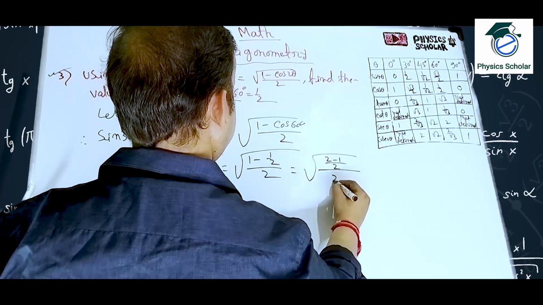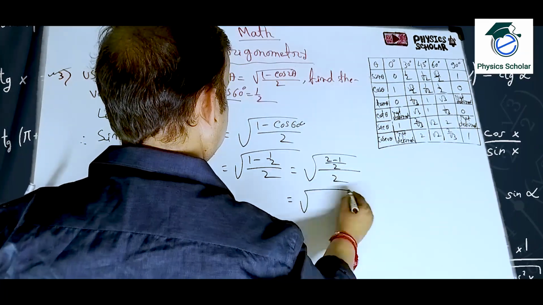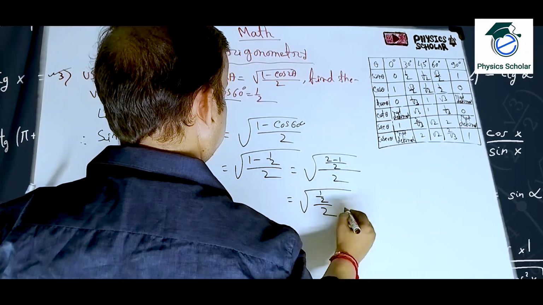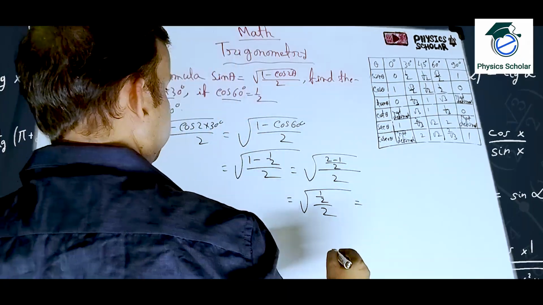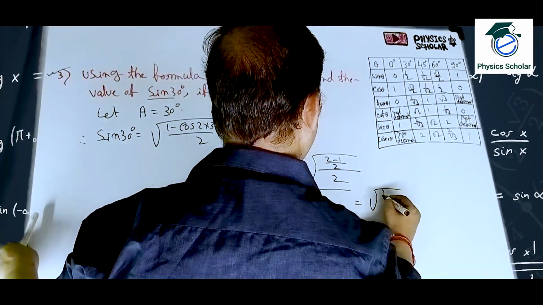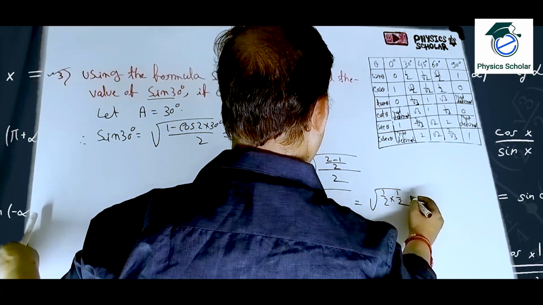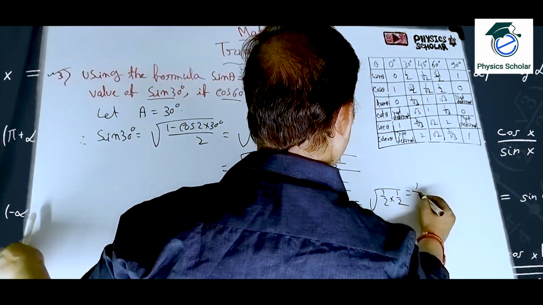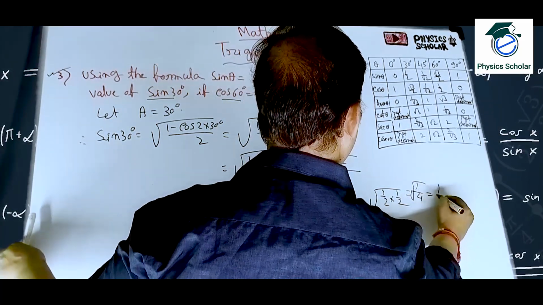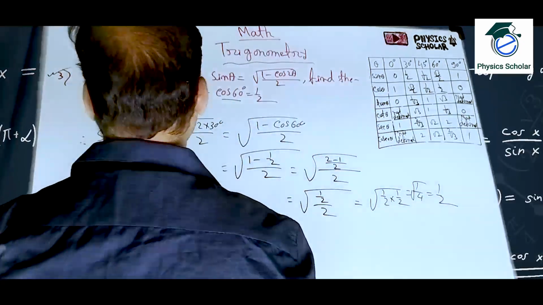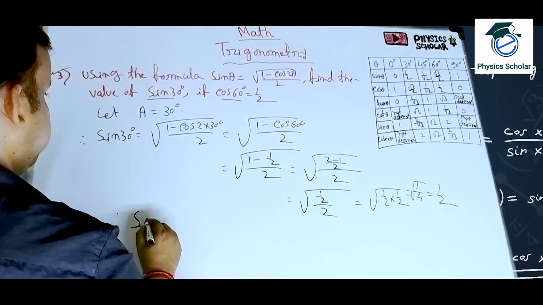Is equal to root over, 2 will be the LCM, so 2 minus 1 by 2, is equal to root over 1 by 2 by 2, is equal to root over 1 by 2 into 1 by 2. Clear? That means root over 1 by 4 is equal to half. So what is the value of sin 30 degree?